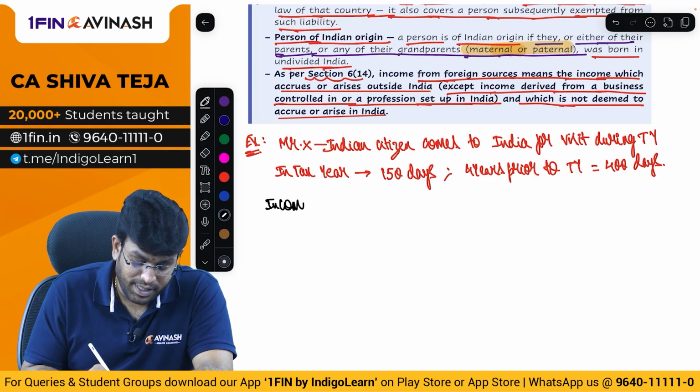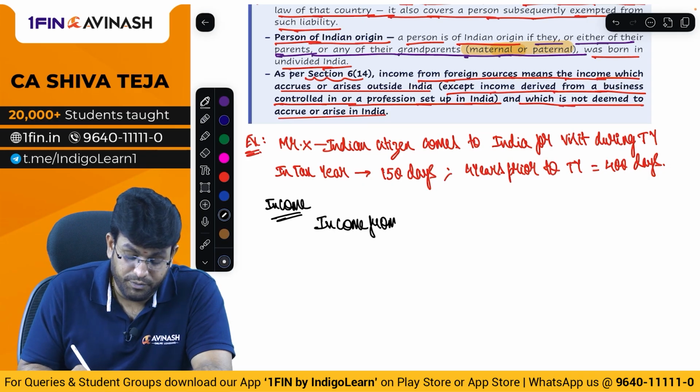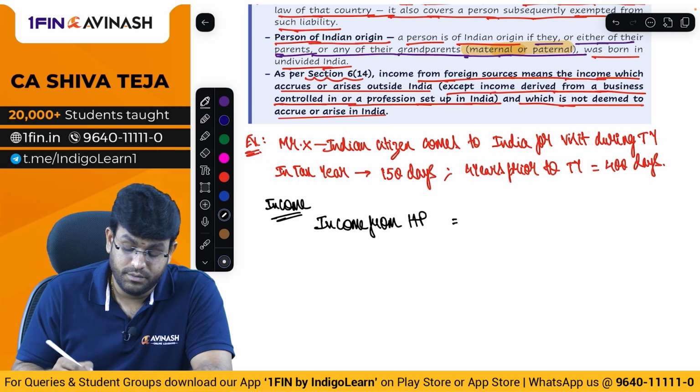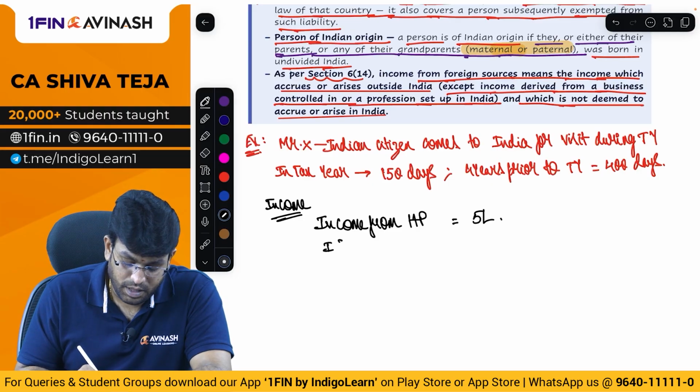And his income is like this. Income from house property is, let us say, 5 lakhs. Income from other sources, 6 lakhs.